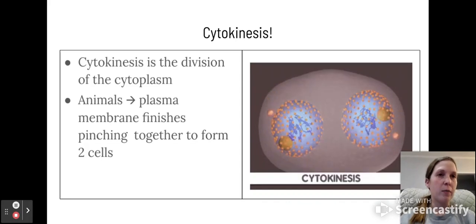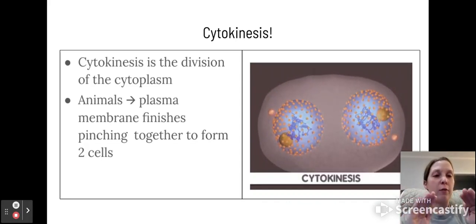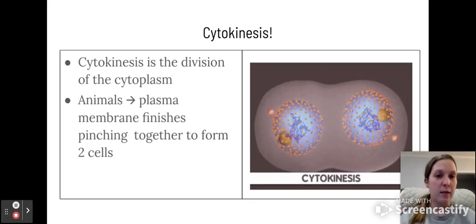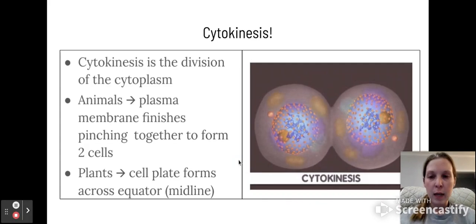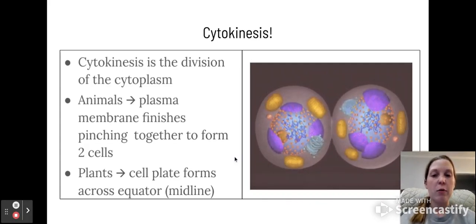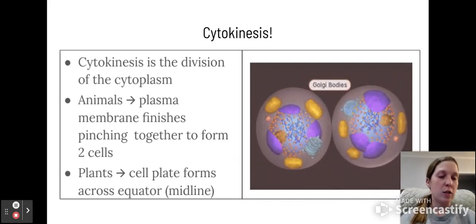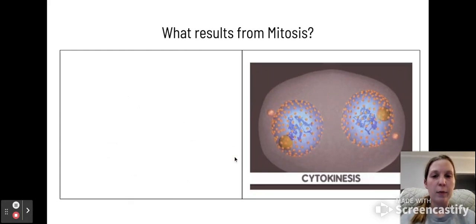Remember where the plasma membrane would kind of pinch together and exit something out of the cell? It's like a large form of that. And then in plant cells, that cell plate will form across the equator, causing two new plant cells to form.